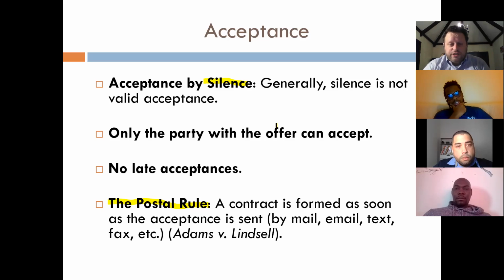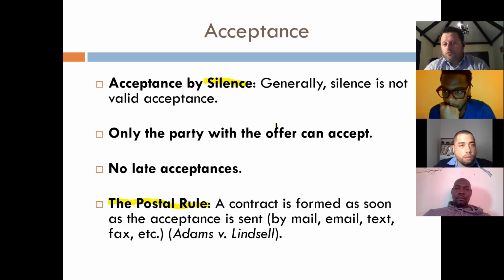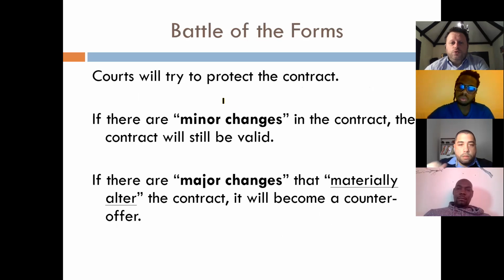Now, I'll definitely require the definition and the test. That's required for each one. But should you discuss the postal rule? No. For acceptance, you're almost always going to have to discuss the mirror rule. That's just the most important one. What about the silence rule? Maybe. Like if you did not discuss Battle of the Forms, so what?